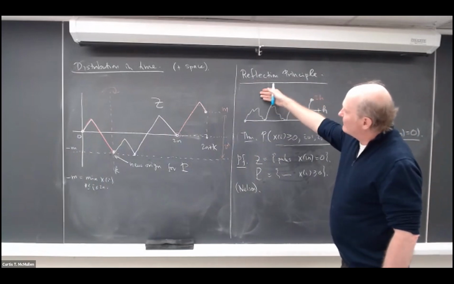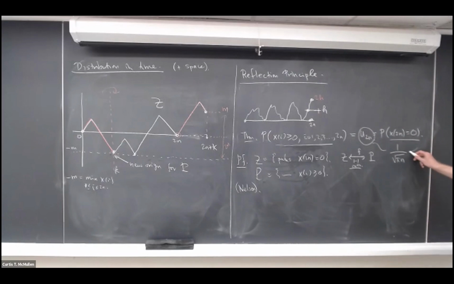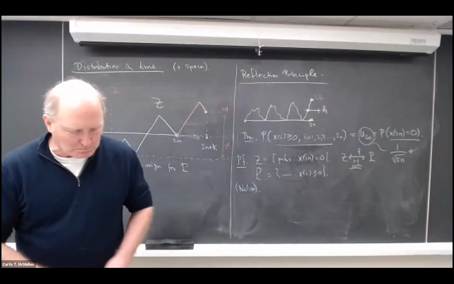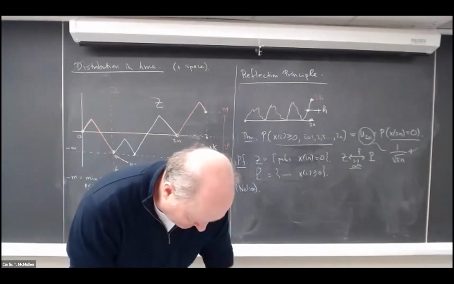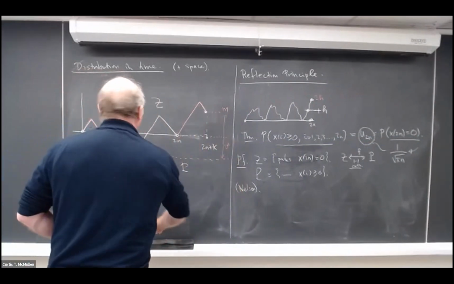They're dependent on how far you've drifted from the origin to start out with. So it's that correlation that allows this number to be so big rather than exponentially decaying in n. Okay. So that's our first reflection theorem.